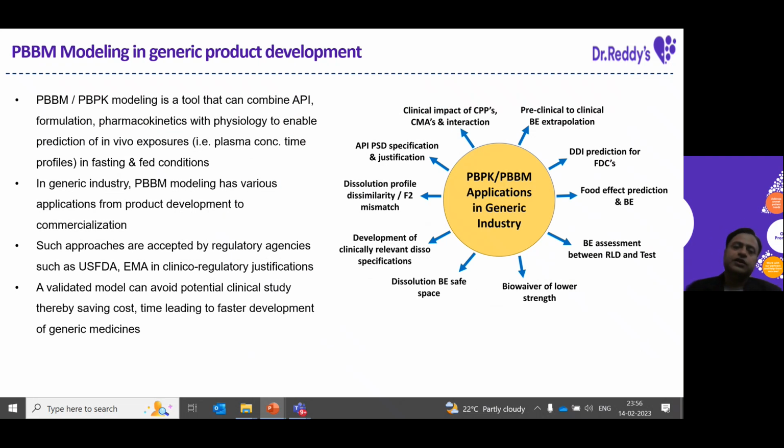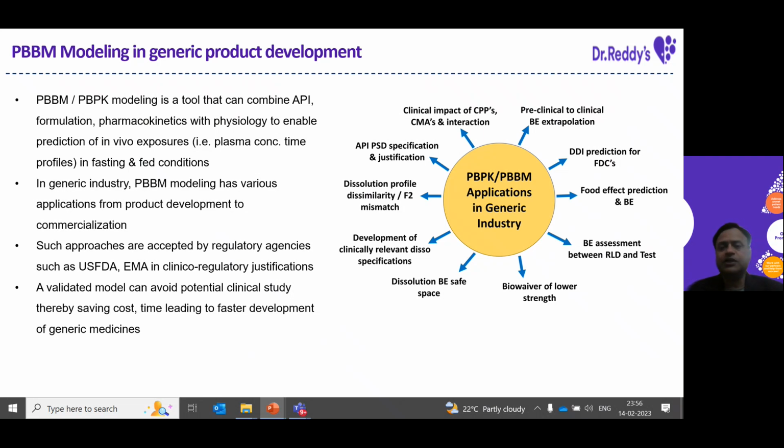This is more specific to the application of PBBM in the generic space. We know that PBBM is a tool which combines API, formulation, and pharmacokinetics with physiology to enable the prediction of the in vivo exposures in both fasting as well as fed conditions.